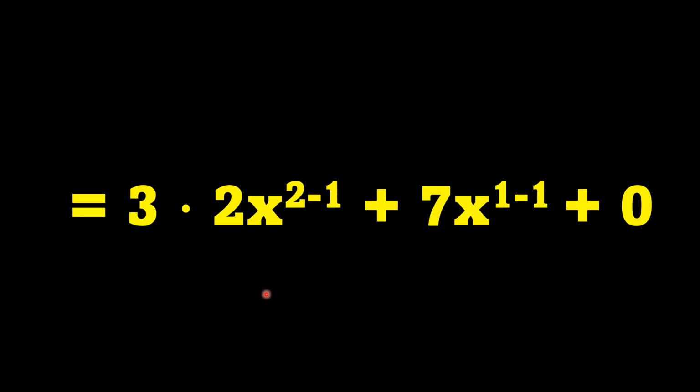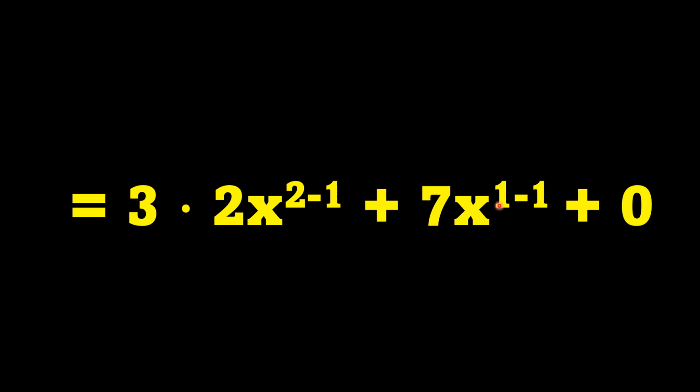Okay, so next, the numerical coefficient, which is 3, times the exponent 2, times x raised to 2 minus 1, plus 7 times x raised to 1 minus 1.